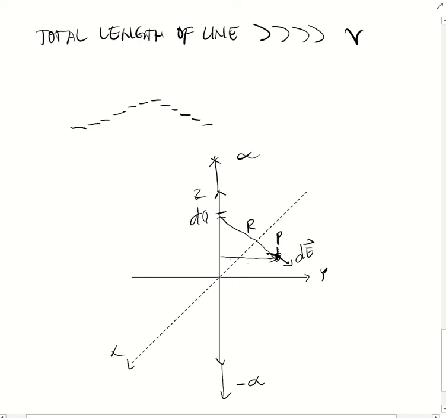Yan yung ating r, di ba? Radius, kung cylindrical. And ito yung ating a_r, yan yung magiging direction niya. So this vector here will be r times a_r. How about yung etong vector na to, yung pababa na to?